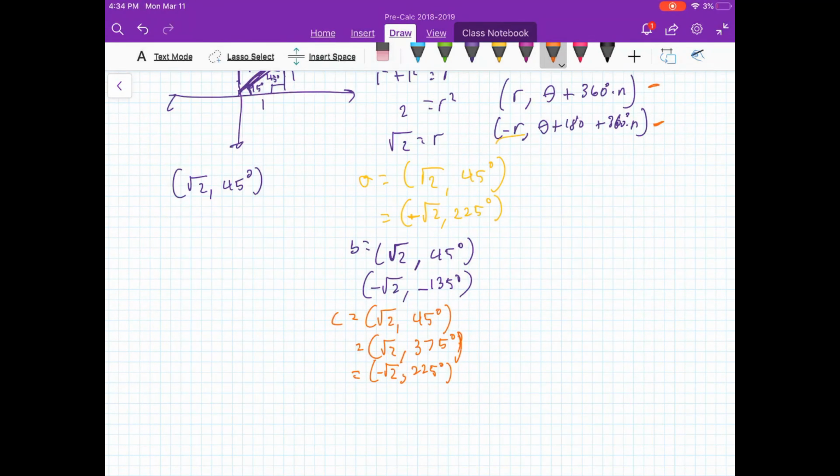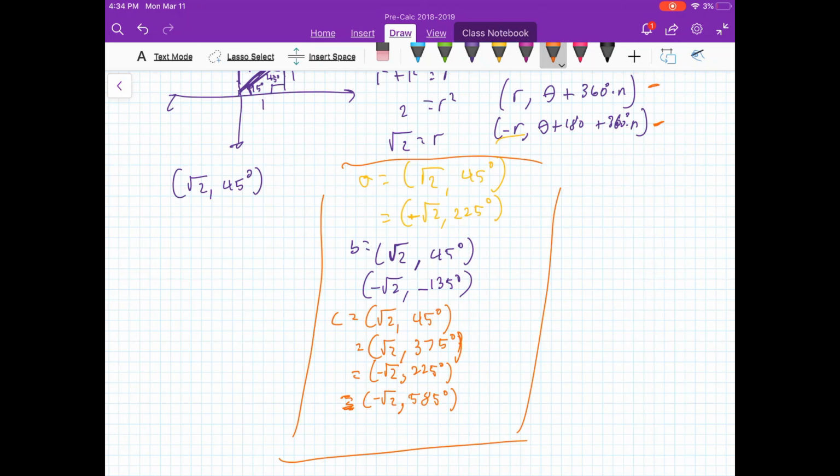So if I added 2 pi to this, or 360 degrees to this, I would get negative root 2, and then 225 plus 360 degrees, that'd be 585 degrees. Right? Yeah, that's what that is. And that's it. Those are all the different ways to write it. So that'd be all of our possible solutions, and this would be our total answer.